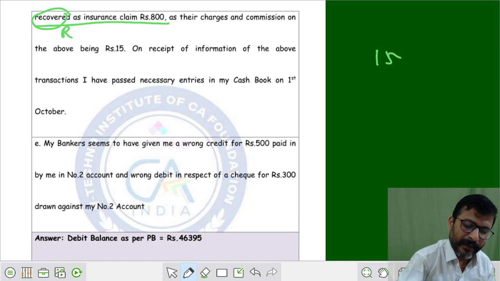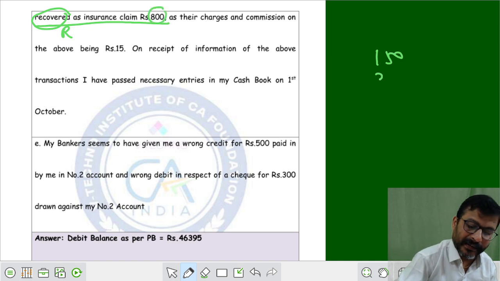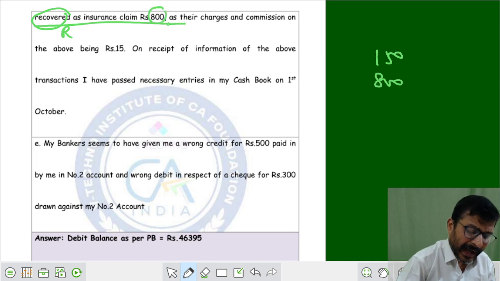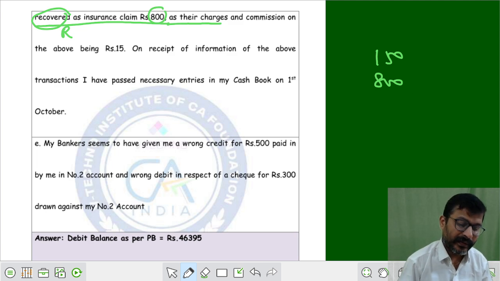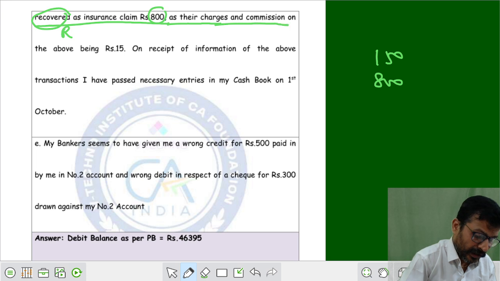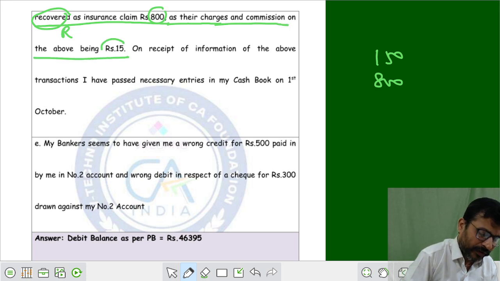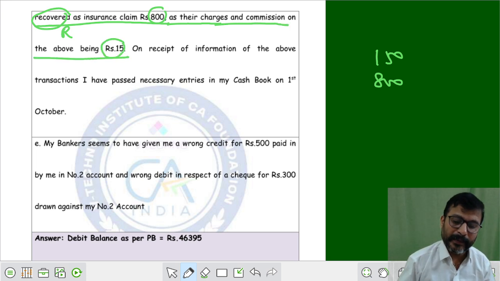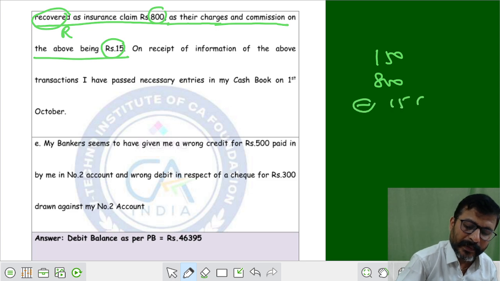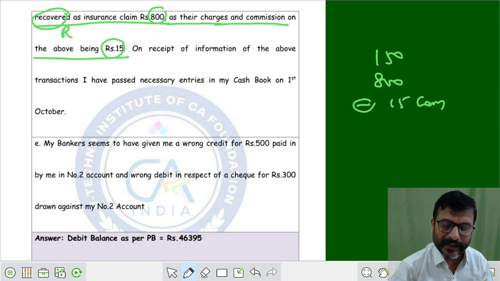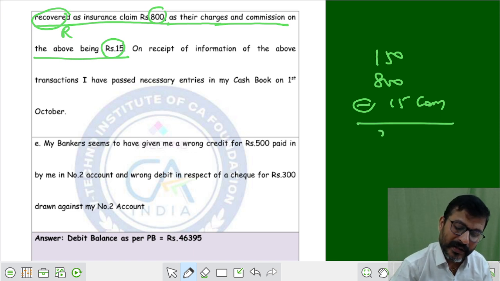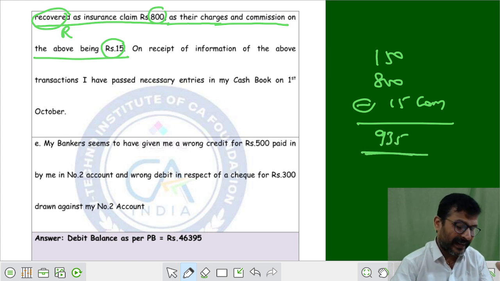They recovered 800, as their charges and commission on the above being 15 rupees. Now I deduct this commission. Out of 950, 15 gone. How much I received? 935 is my net receipt.